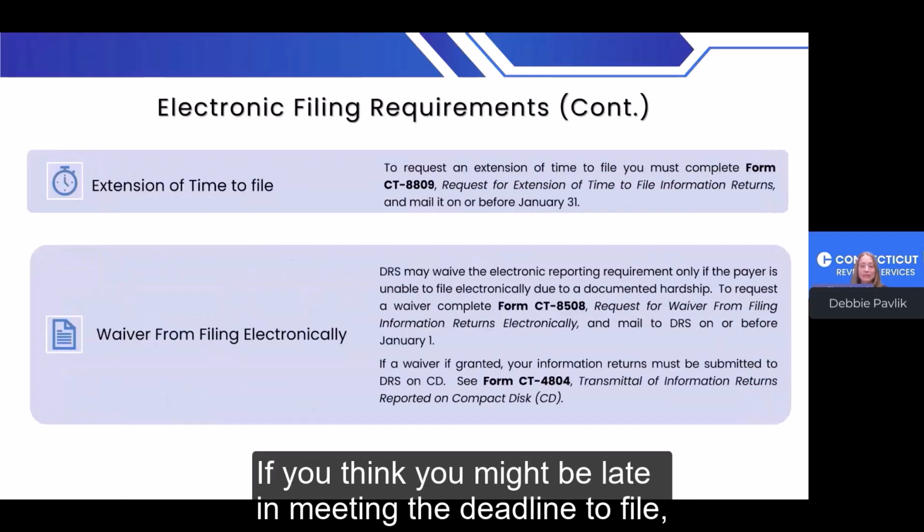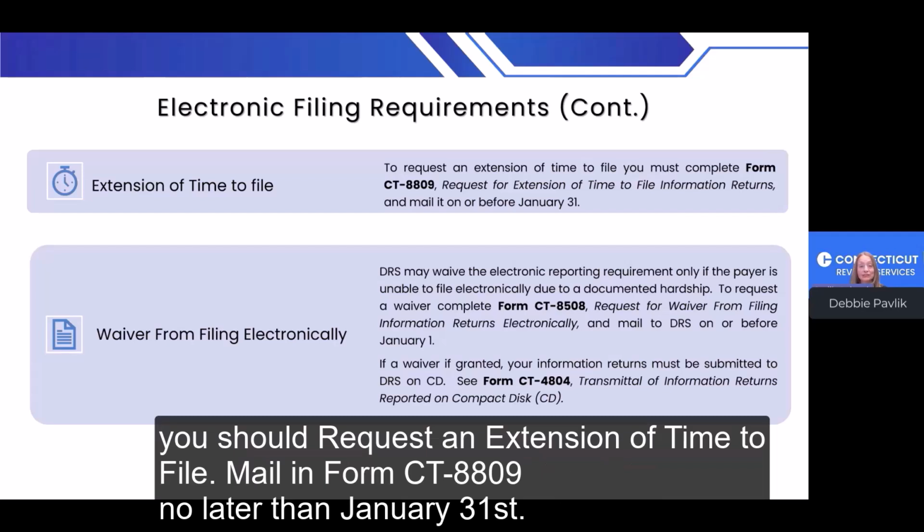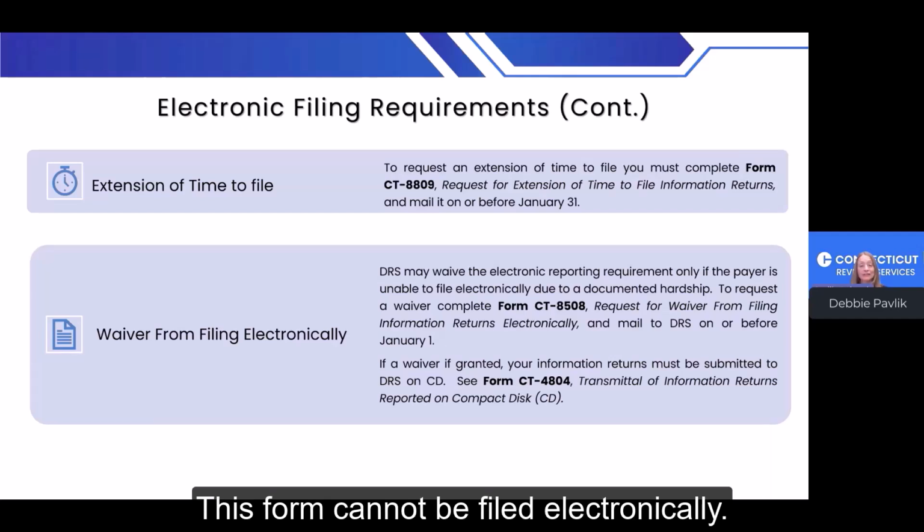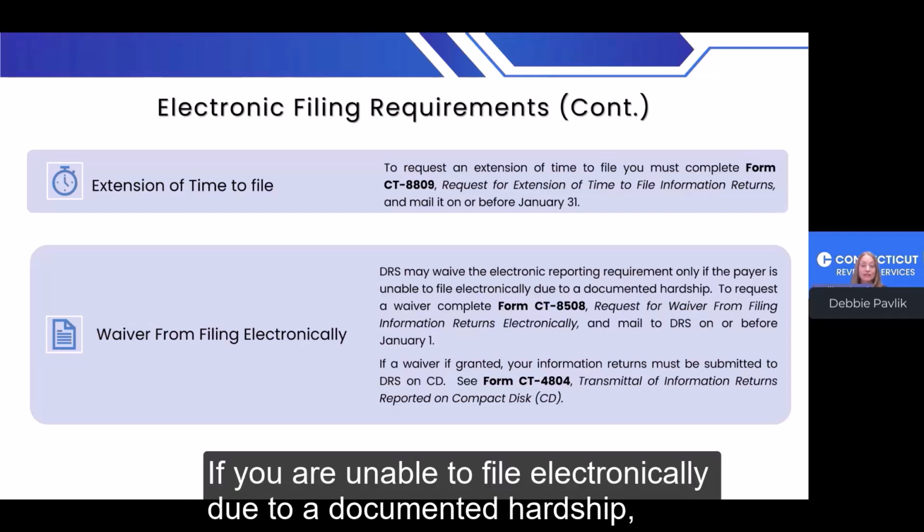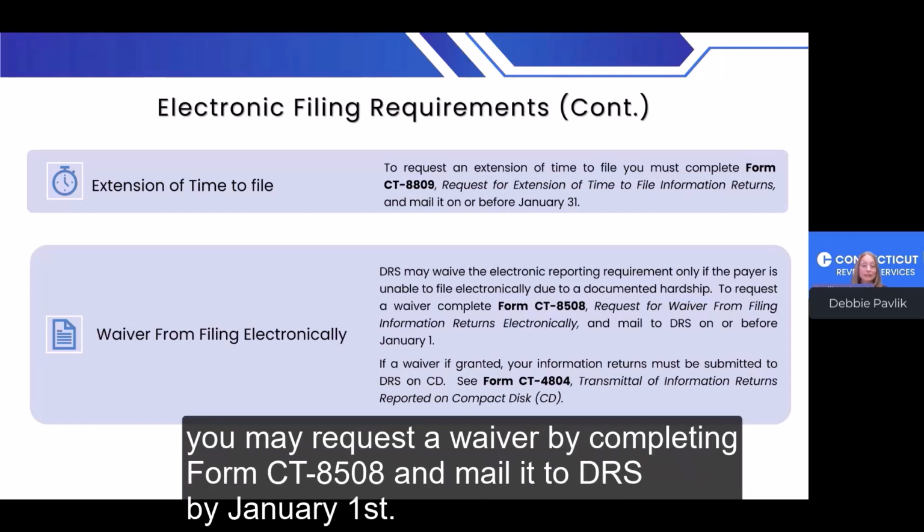If you think you might be late in meeting the deadline to file, you should request an extension of time to file. Mail in Form CT 8809 no later than January 31st. This form cannot be filed electronically. If you are unable to file electronically due to a documented hardship, you may request a waiver by completing Form CT 8508 and mail it to DRS by January 1st.